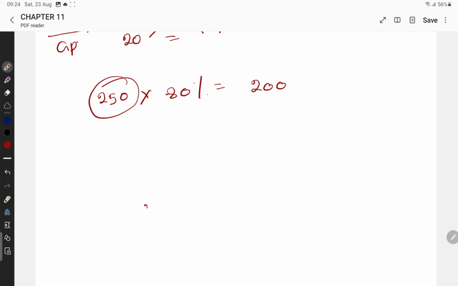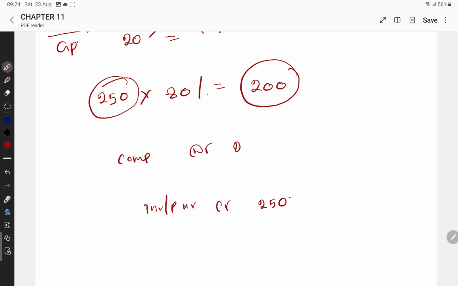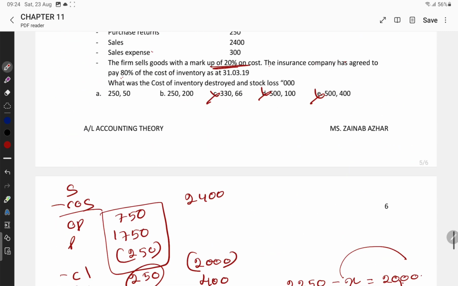So your inventory or your purchase account will get credited 250,000. You will receive compensation of 200,000. It's an asset, it's a receivable. 250,000 worth of inventory was destroyed. You will receive 200,000, means your stock loss is going to be 50. So stock loss of 50, A is the answer.